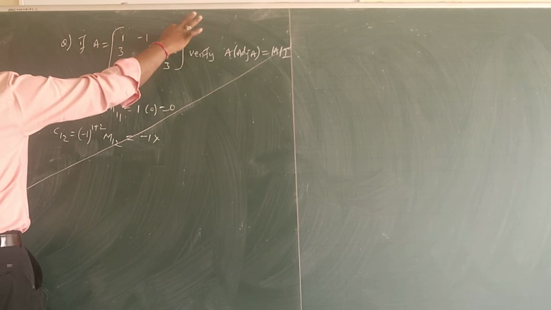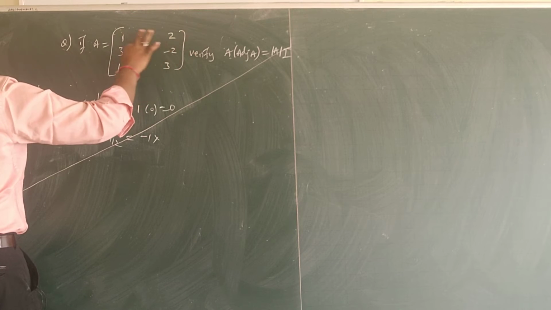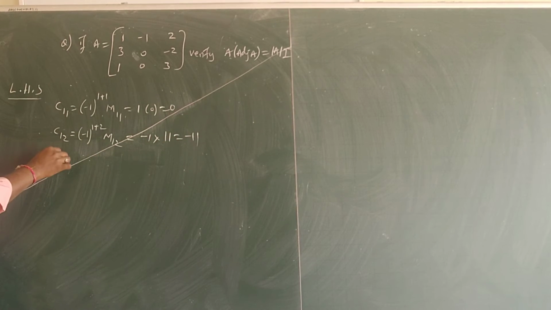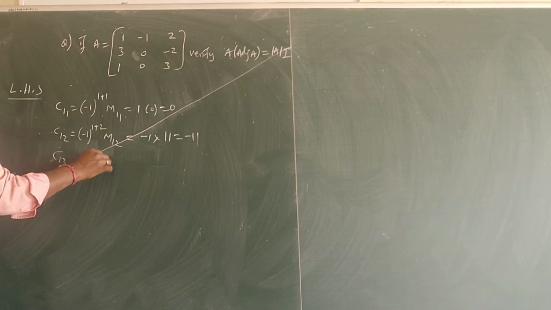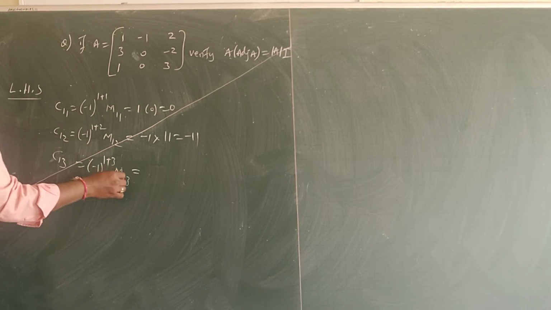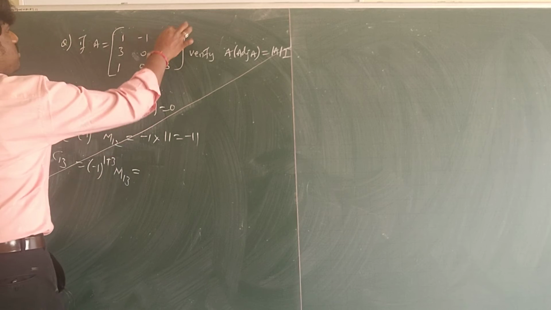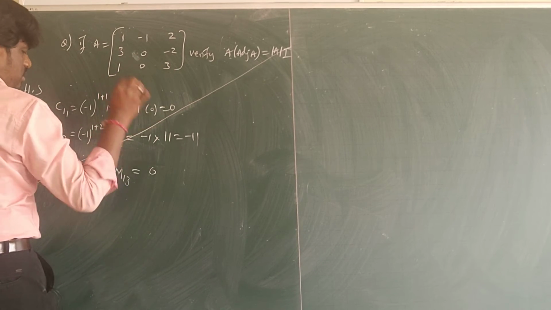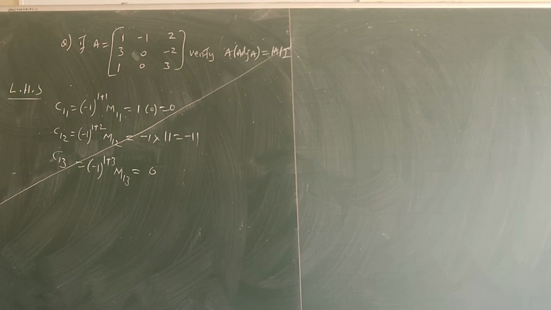This cancels. 3 3s are 9, 9 plus 2, 11, so minus 11. C13 is minus 1 power 1 plus 3, M13. So this is going to be positive M13. Positive M13 means, this is closed, this is closed. 3 into 0, 1 into 0, 0. Answer is 0. Is it clear?